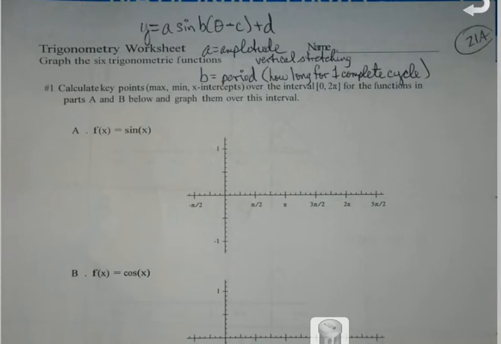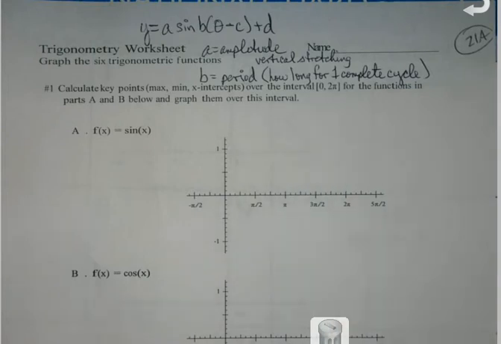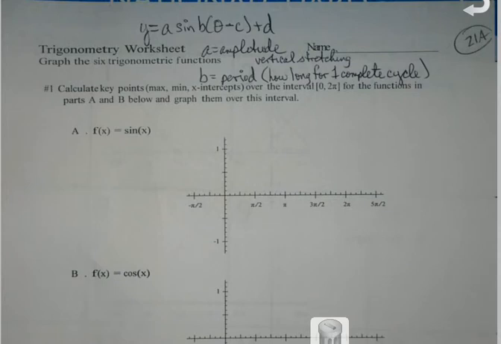So we're going to be looking at the ones for now with sine and cosine over the interval 0 to 2 pi. Later you'll find out the reason we do it over 2 pi is that's how long a period is for sine and cosine to get through one complete cycle. So what I'll do for you this first time is explain how this is going to come back to the unit circle again.